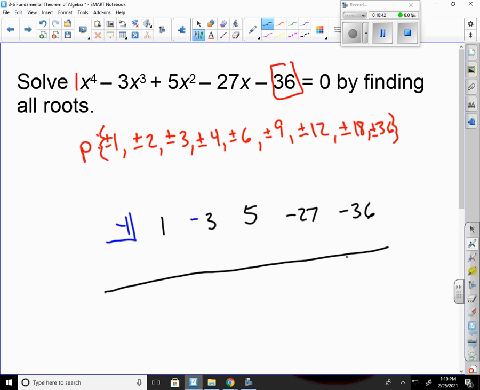Draw our line, drop the box down, bring down the 1. -1 times 1 is -1. -3 minus 1 is -4. -1 times -4 is a positive 4. 5 plus 4 is 9. -1 times 9 is -9. -27 minus 9, that's -36. -1 times -36 is a positive 36. -36 plus 36 is 0.